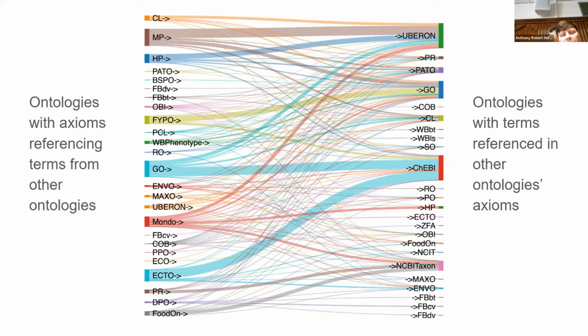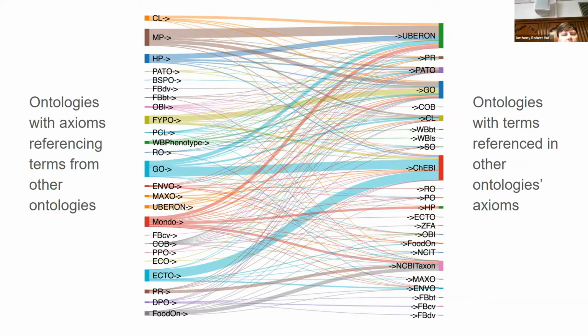And so this is just a representation of most of the ontologies that are in Ubergraph now, and how they're interconnected. The ones on the left are referencing terms from the ontologies on the right. The thickness of the line is just how many terms are used within axioms. You can see the thicker ones, so GO and MP at the top there, they both use a lot of external terms.